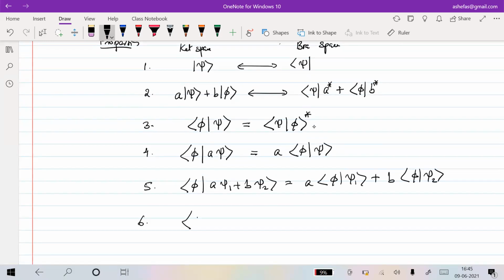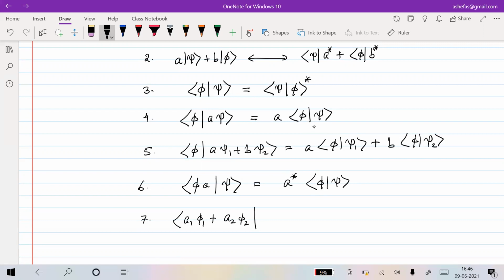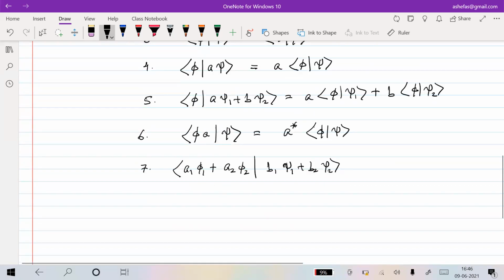Now, if the product is with the Bra space, so (a phi, psi) is the same as a star <phi|psi>. So if you consider the distributive property, for example, a1 phi 1 plus a2 phi 2, this complete thing is in the Bra space, and in Ket space, suppose b1 psi 1 plus b2 psi 2. This can be written as 4 inner products.